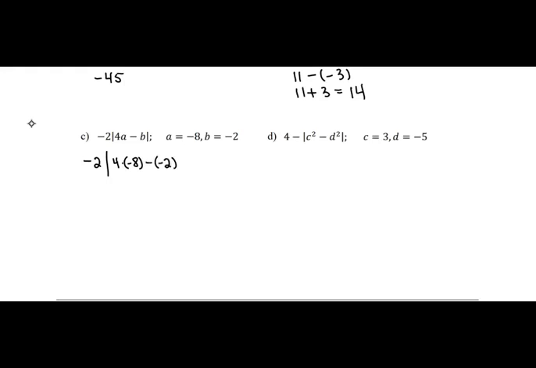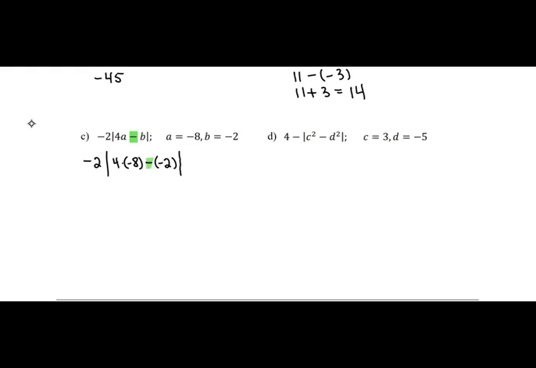Be very careful with all the negative and minus signs. I want to highlight that this is my subtraction sign, and the second negative came from b being -2. So that's how I got the double negative.